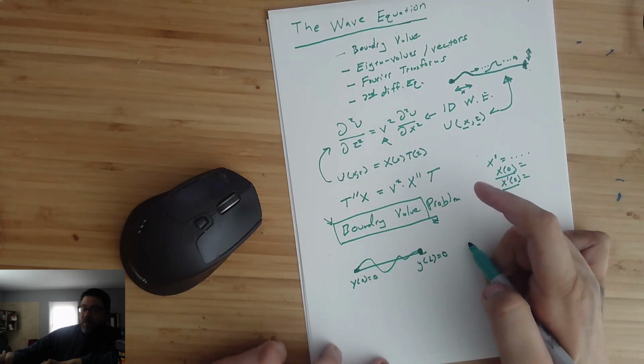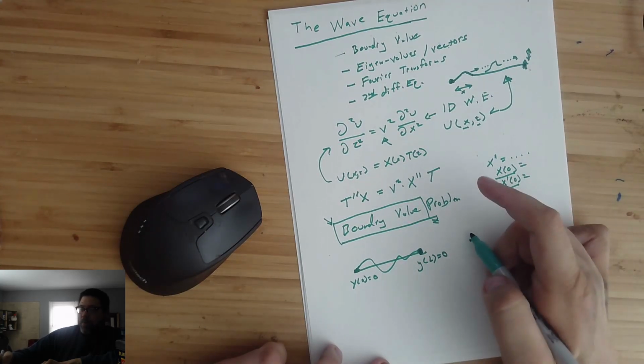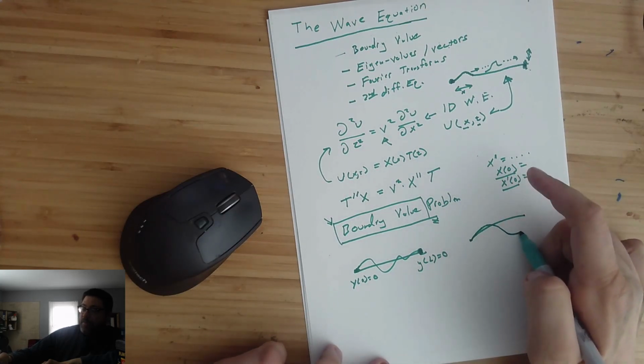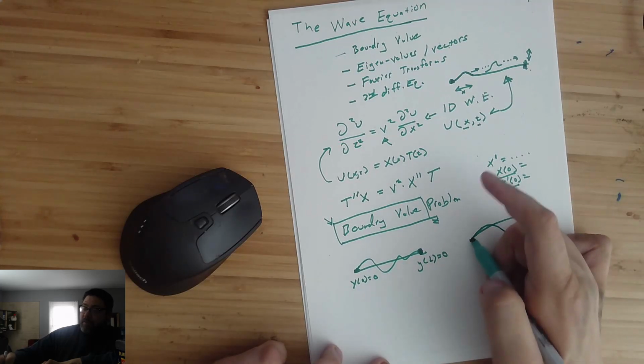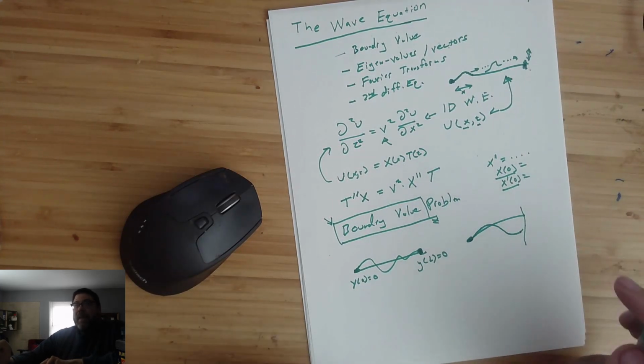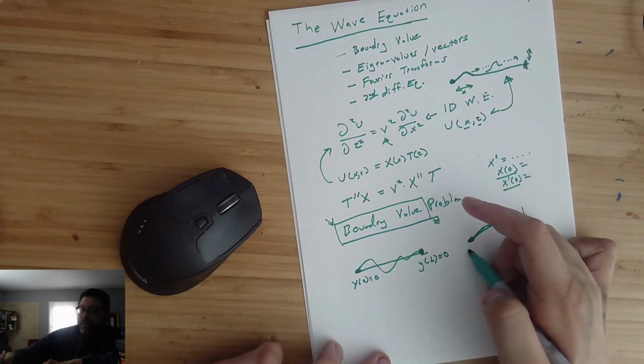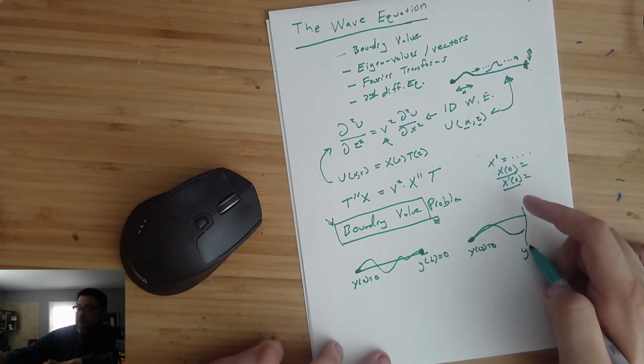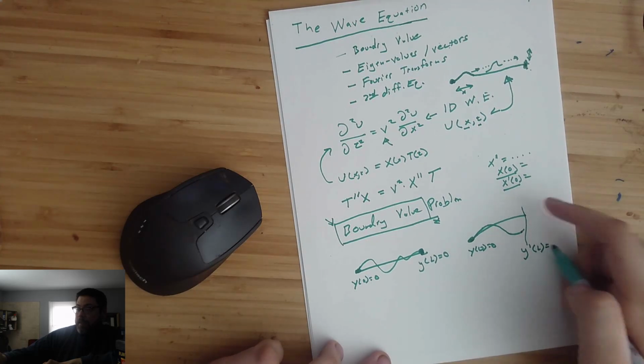You can also have boundary value problems where, for example, an open musical tube often has waves that look like this, where sometimes this would look like a closed end and an open end. So for example, here we'd say something like y of 0 equals 0 and y prime of L equals 0.